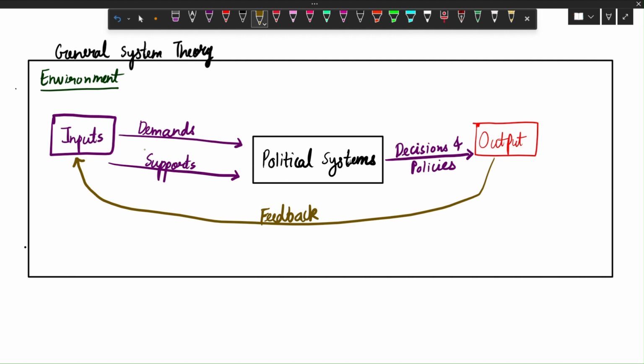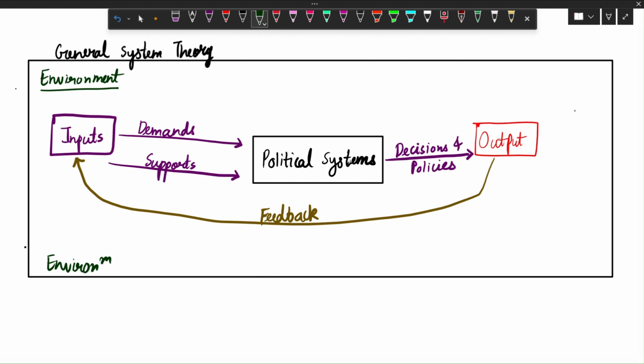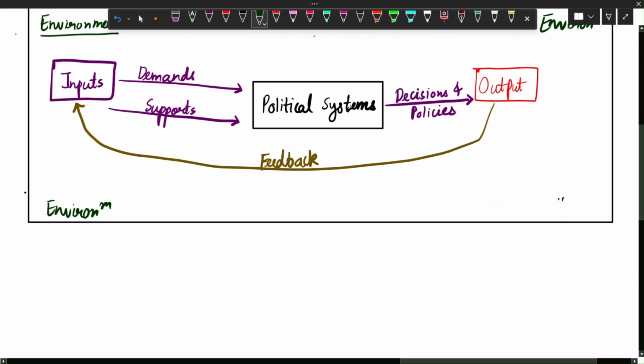This leads to better inputs for the next demands. And now these inputs, the feedback and the output, are all influenced by the environment around them. You can call that box the state as well.